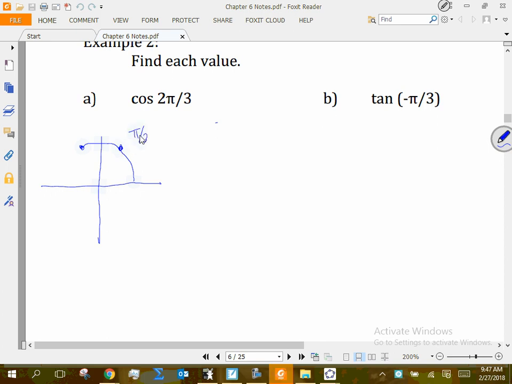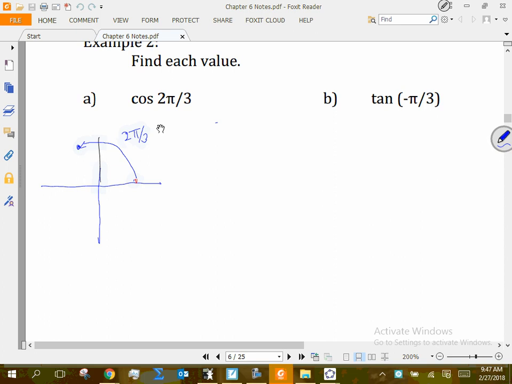And what's pi over 3 plus another pi over 3? 2 pi over 3, right? So really I'm taking that arc right there, using arc addition, and repeating it right there, and then that point lands there. Does that make sense? So that point would be 2 pi over 3.